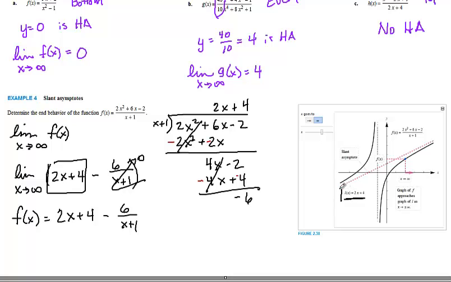So that's how they got that 2x plus 4. And that is the equation of the slant asymptote. So if you're asked for the equation of the slant asymptote, that would be this 2x plus 4. And that is where this equation is going in the tails.